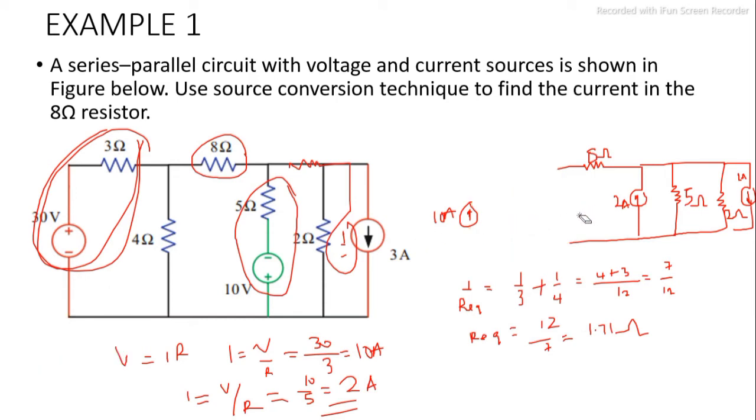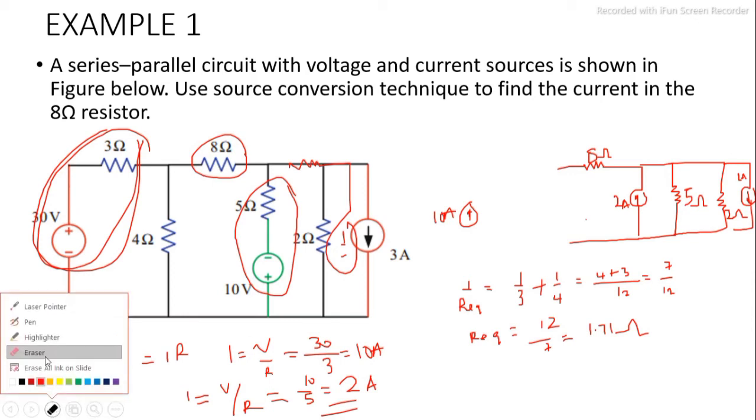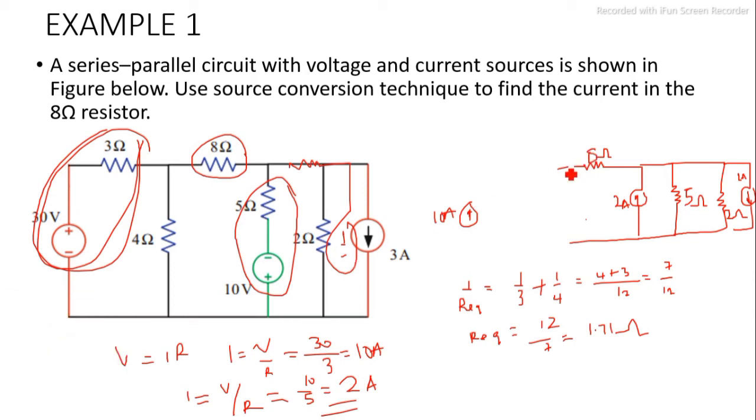Instead of having those two, we are going to have this, which is 1.71 ohms. Now these two also are in parallel. Let's find the equivalent. So 1 over R equivalent equals 1 over 5 plus 1 over 2.